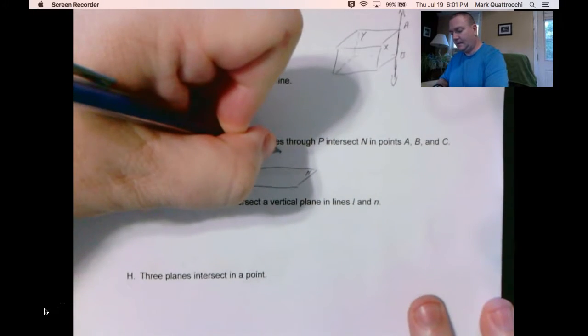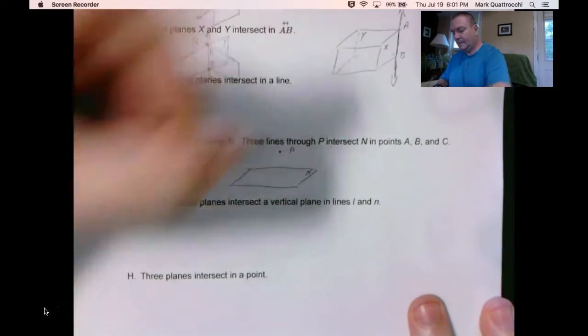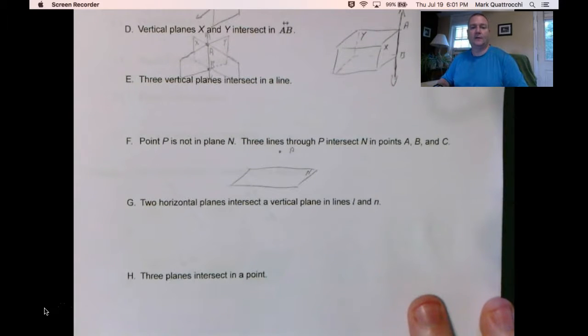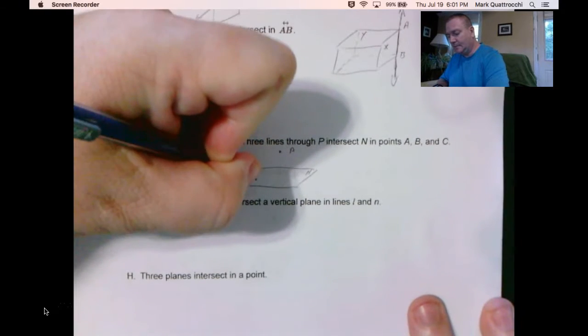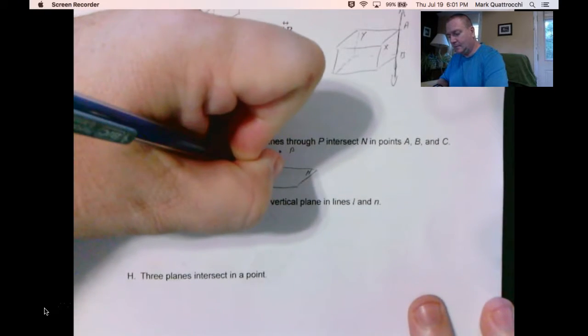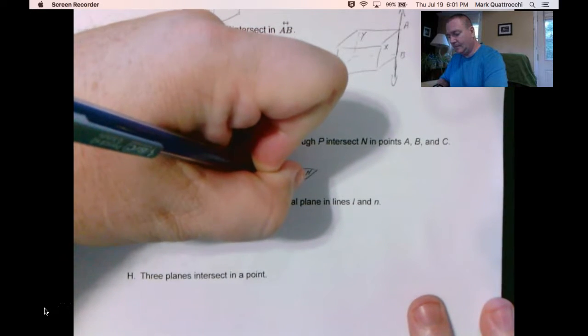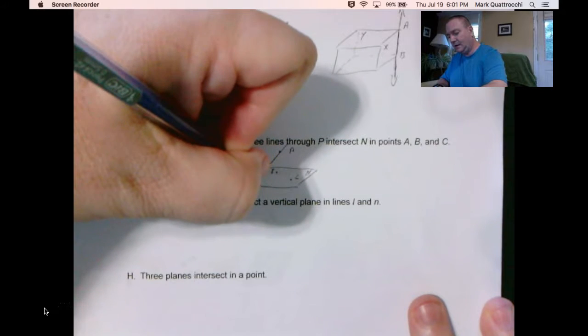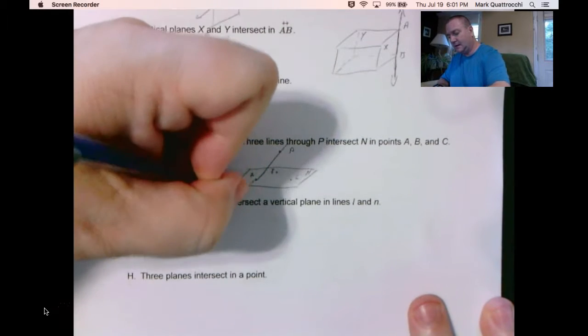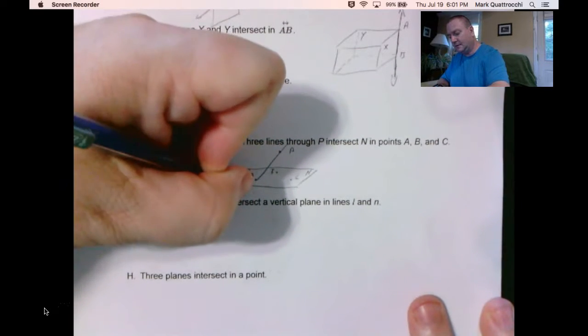And point P is not on it. 3 lines through P intersect plane N at points A, B, and C. So point A, point B, point C. We have a line through P hitting A, dotted, and solid coming out.